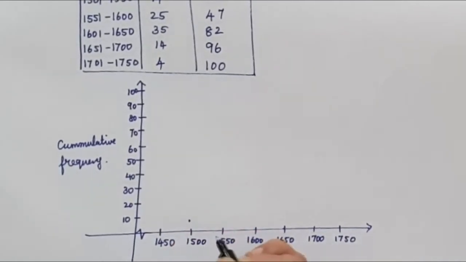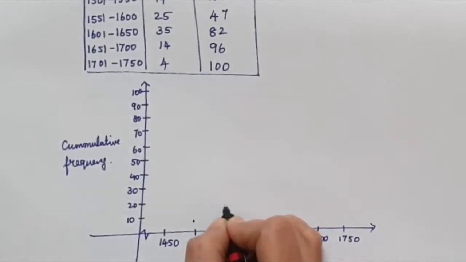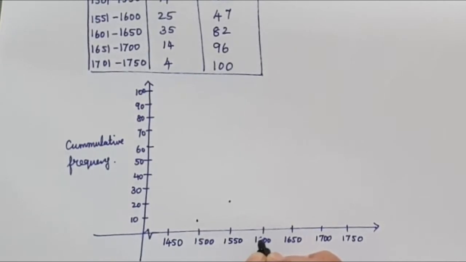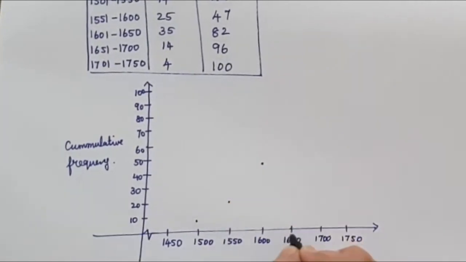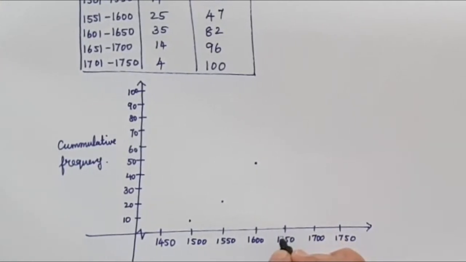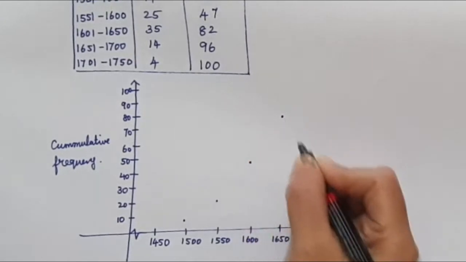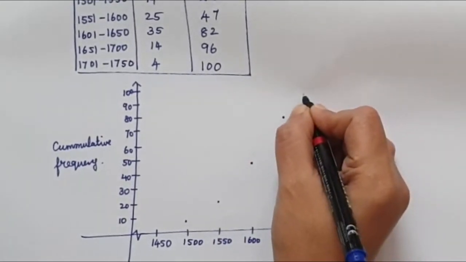So 1508, we keep a point. Then it is 1550 and 22. Then 1647 and 47 over here. Then 1650 and 82. Then 1796.